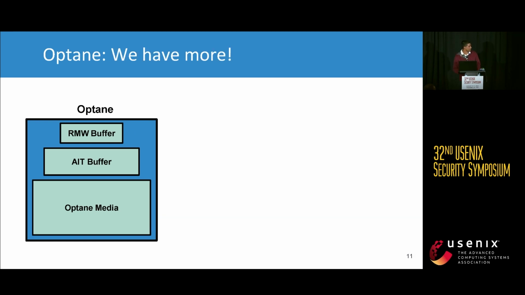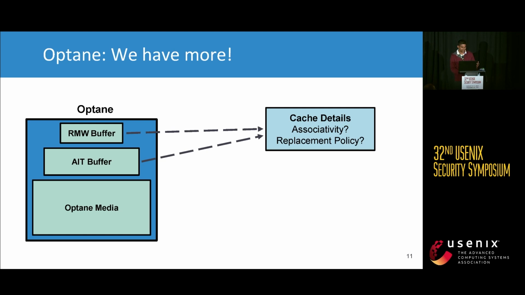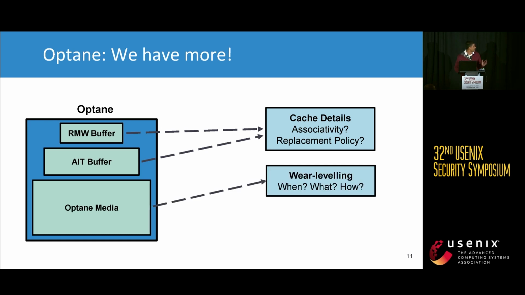In our work, we provide many more details. We have more cache details such as the associativity and the replacement policy of Optane. We also have a satisfactory description of the wear-leveling mechanism on Optane. When wear-leveling happens, what exactly gets remapped, and how exactly does Optane achieve wear-leveling?